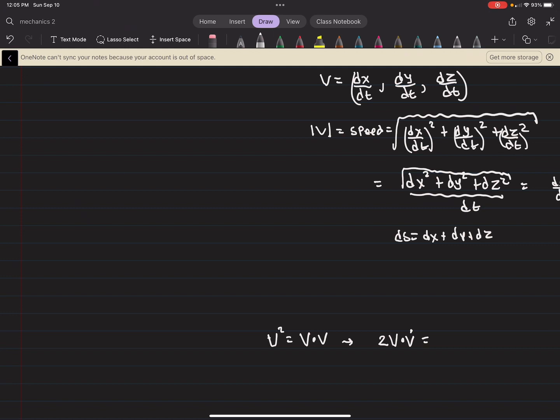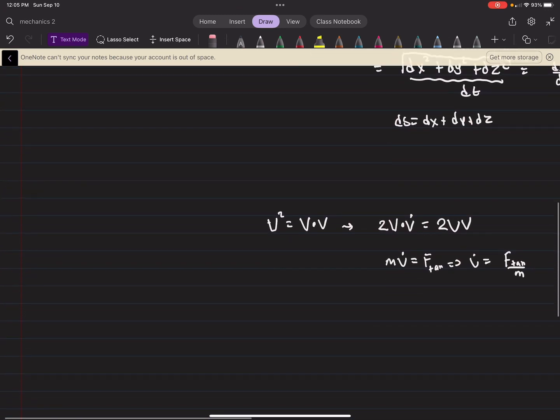And what we want to do here is make note of the fact that m v dot is equal to F tan, and we can solve and see that v dot is F tan over m. I have a bit of a messed up screen, so I have to write on one side for right now. I'm sorry, one of these should have been v dot as well.